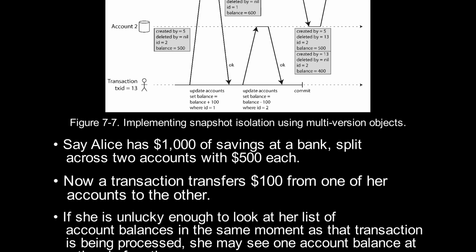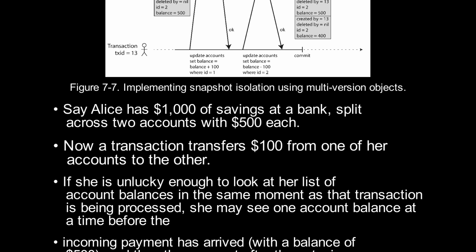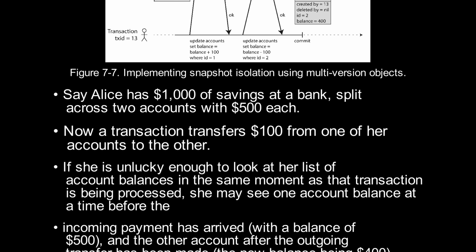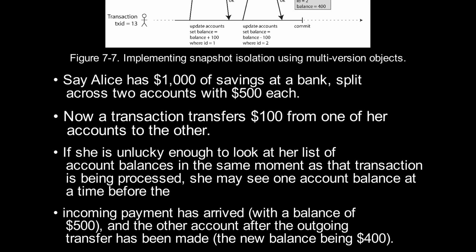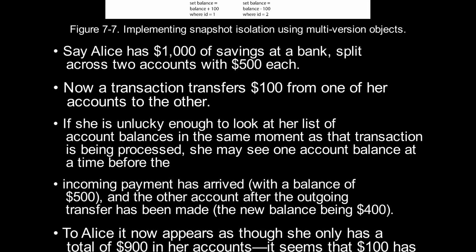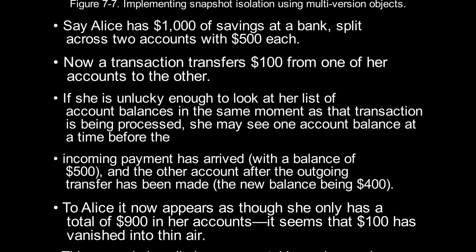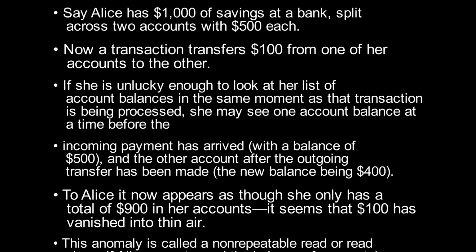Now a transaction transfers $100 from one of her accounts to the other. If she is unlucky enough to look at her list of account balances in the same moment as that transaction is being processed, she may see one account balance at a time before the incoming payment has arrived with a balance of $500, and the other account after the outgoing transfer has been made, the new balance being $400.